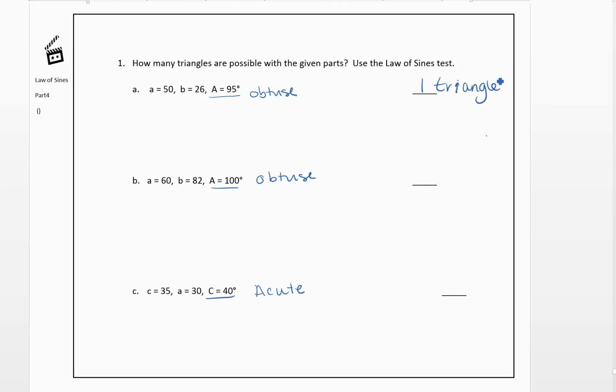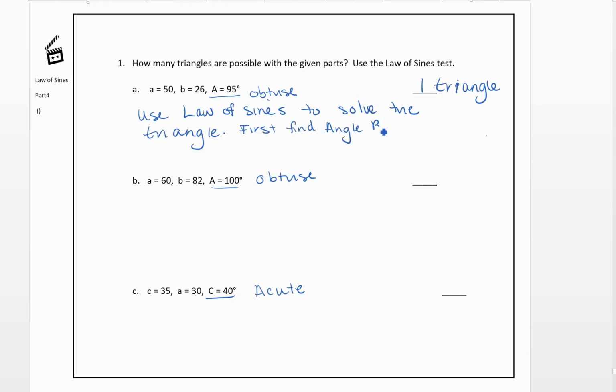We could go ahead and use law of sines to solve the triangle, though we're not going to here. First you would find angle B, then angle C using the 180 rule, then little c using law of sines again.